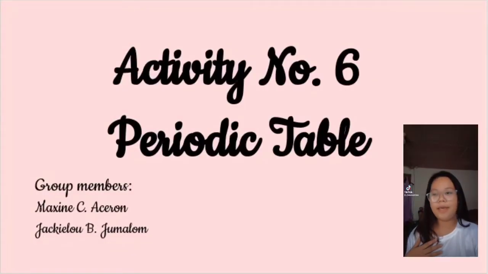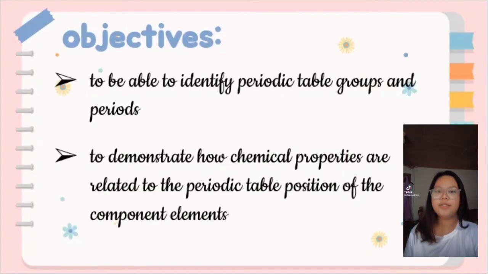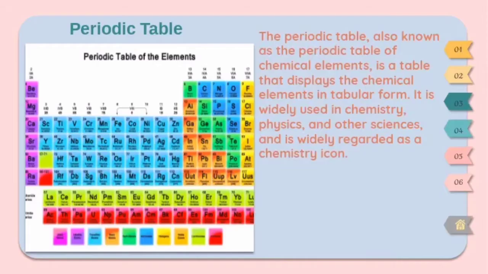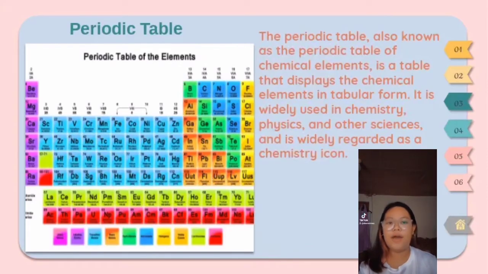Good day, ma'am. I am Maxine Asiran, and for today's presentation, our objectives are to be able to identify periodic table groups and periods, and to demonstrate how chemical properties are related to the periodic table position of component elements. Let us first define what a periodic table is.